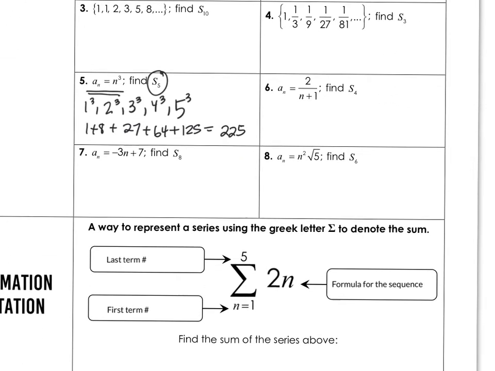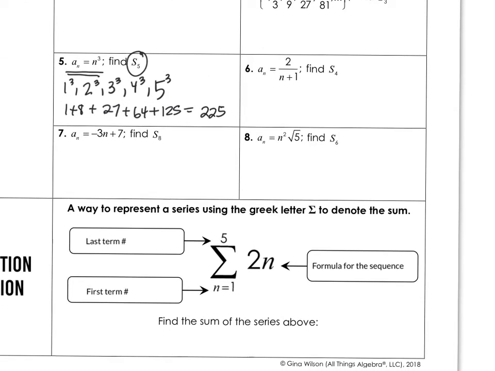Now, one of the nice ways is summation notation, which uses the Greek letter sigma to denote the sum. That's this letter right here, a sigma. It tells us to add up all the terms in the sequence. The number on the bottom is your first term number, which tells you where to start.